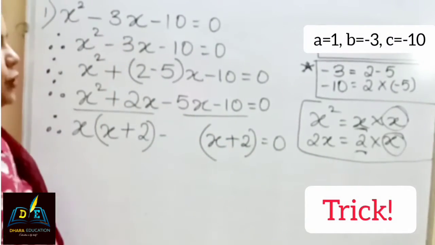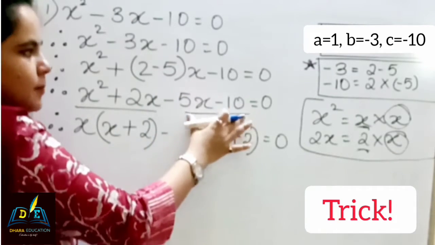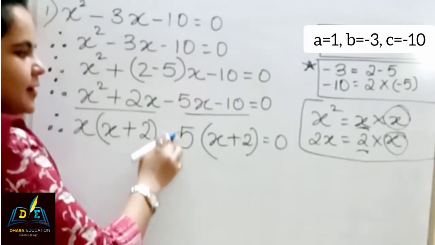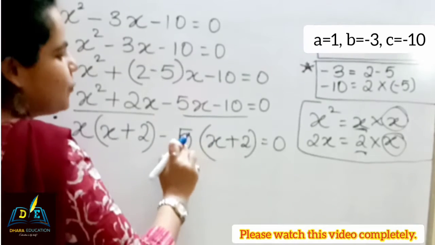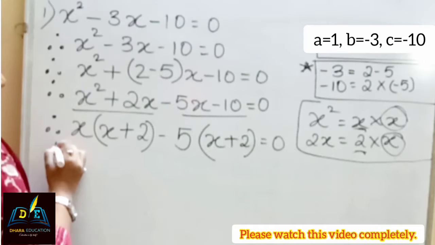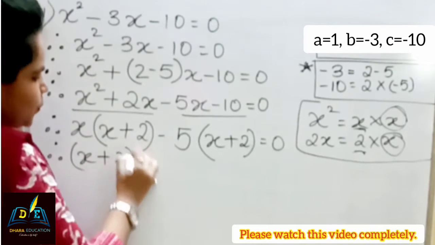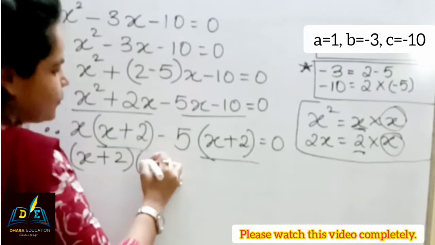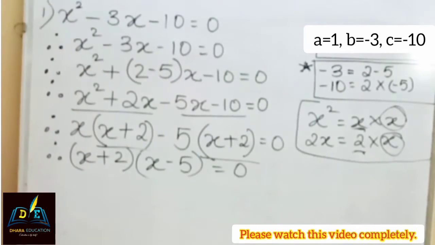And what do you need to fulfill here? What number do you need to write here so that this term will be fulfilled? Yes, students, you need to write 5. That is 5x multiplied, you will get minus 5x and 5 multiplied by 2 gives you 10. The next step is x plus 2, the common, and what is left here? x minus 5. x minus 5 is equal to 0.